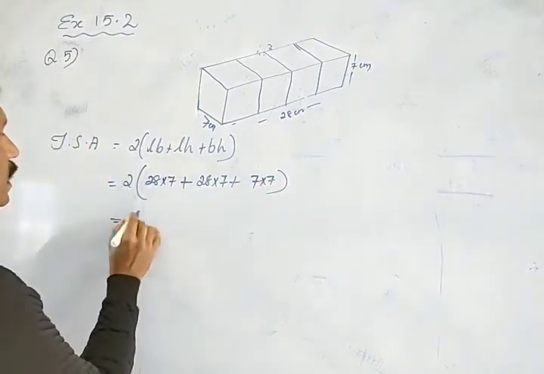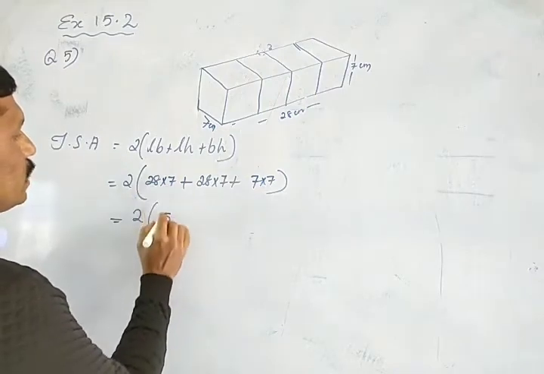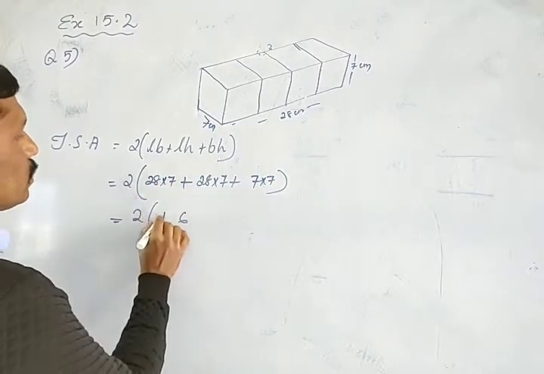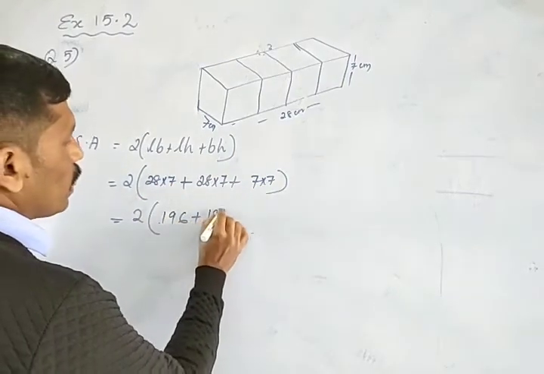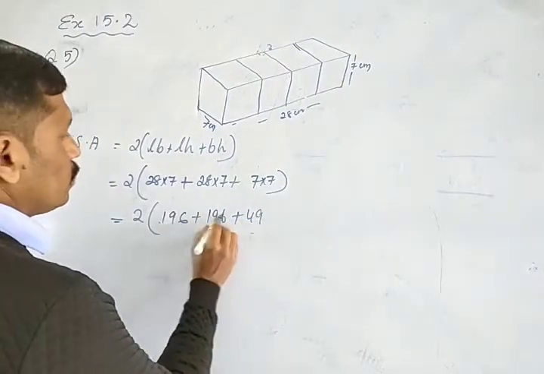Then we multiply it. 7 sixes are 42... 28 into 7 is 196, and here also 196, plus 49. This we add together.